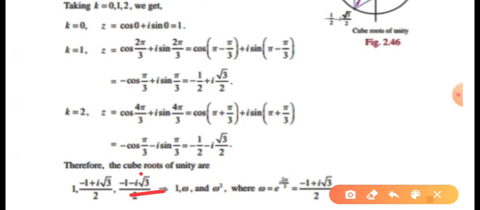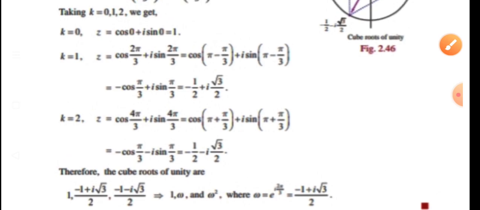That we take as 1, ω, ω square, where ω is e power i 2π by 3. Its value is minus 1 by 2 plus i root 3 by 2. This is our cube roots of unity.